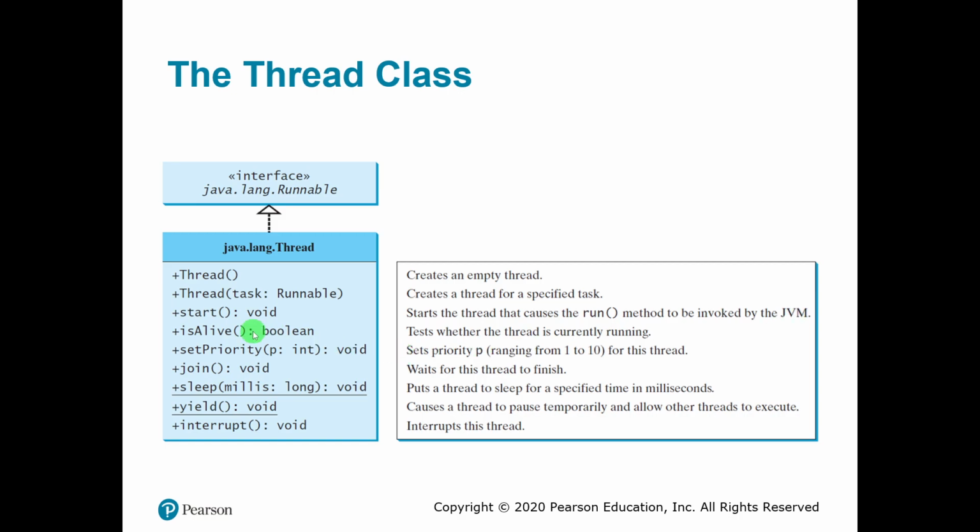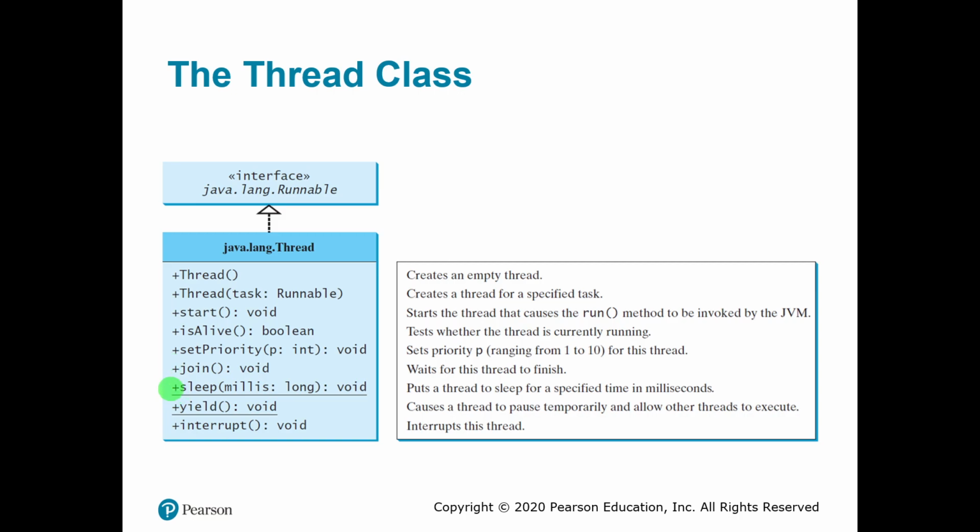Some other methods that are in here: there's an isAlive method that tests to see if the thread is currently running. So once we've created a thread, we could call its isAlive method to see if it's still running. There's a setPriority method we're going to talk about in a little bit. There's a join method that will allow us to join a thread to another thread.